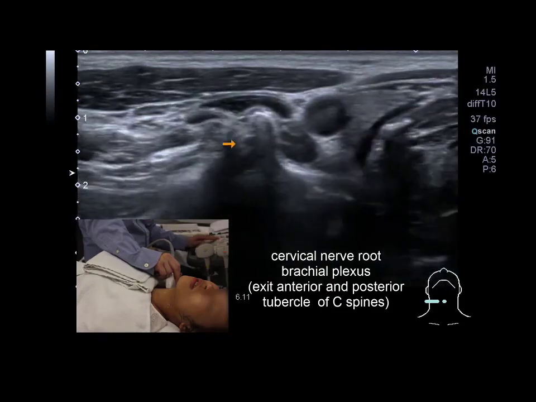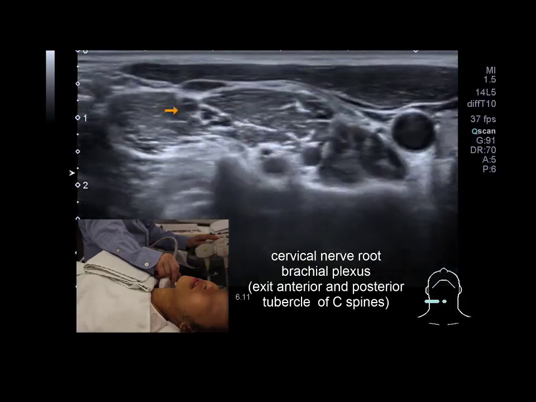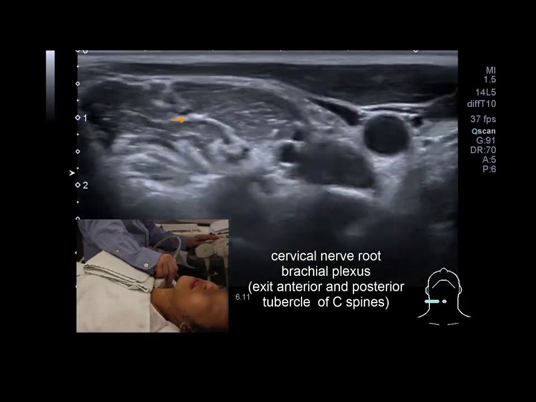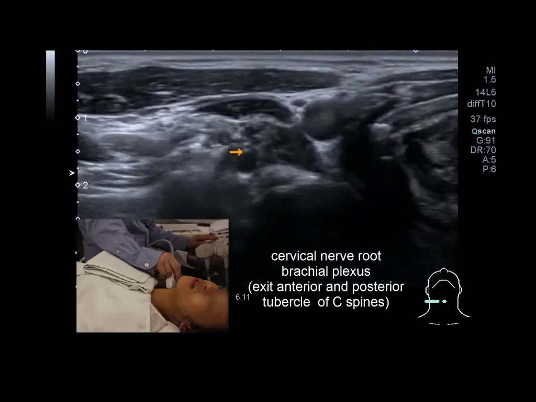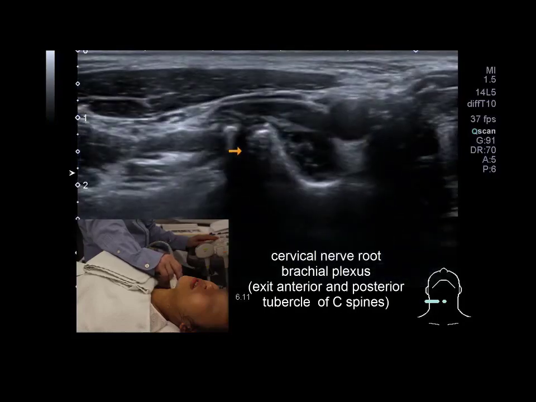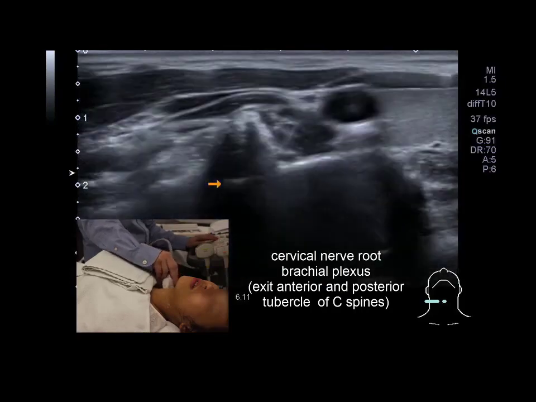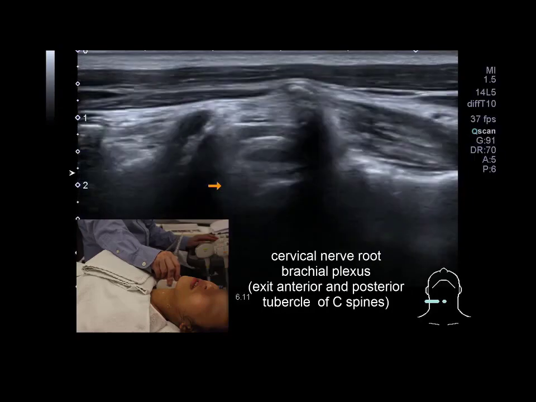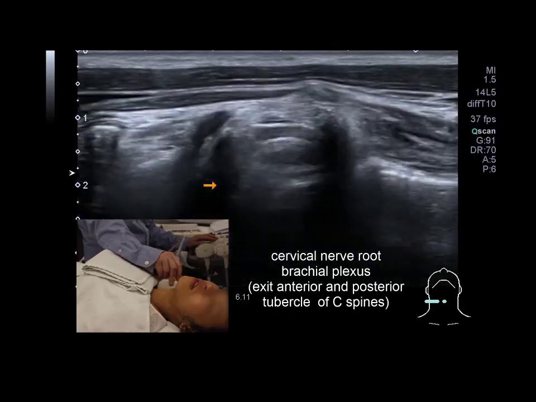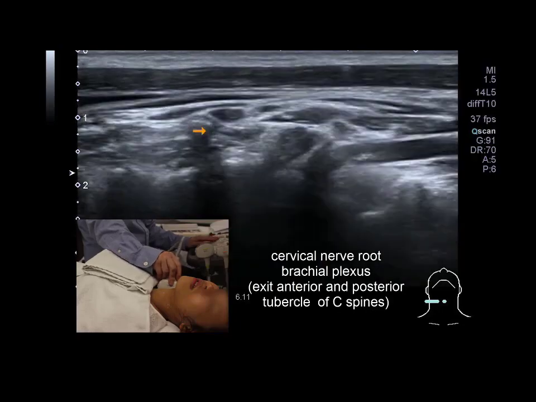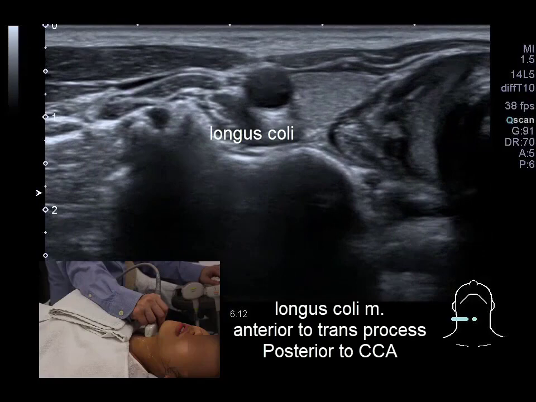You can see the nerve roots come out and bundle together like this. This is the brachial plexus, which originates from C5 to T1, and comes out from the neural foramen like this. And if we look at the longitudinal view, you can see each of the neural bundles comes into the neural foramen like this.